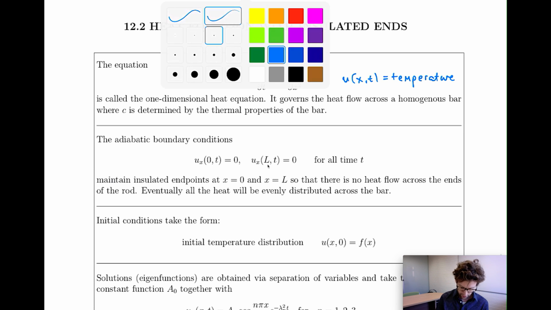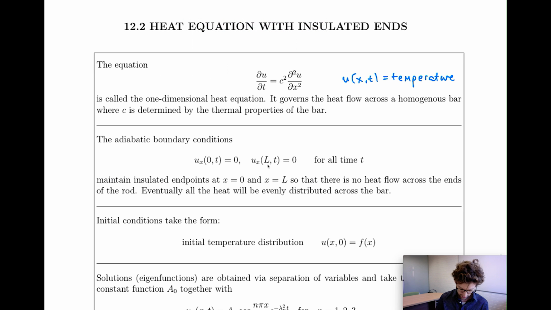We're going to use a couple of different terms for this kind of boundary condition. We're going to call it an insulated endpoint, or an adiabatic boundary condition. They all mean the same thing, basically that no heat can flow across the ends of our bar. Mathematically that's expressed as a condition on the derivative of the temperature.